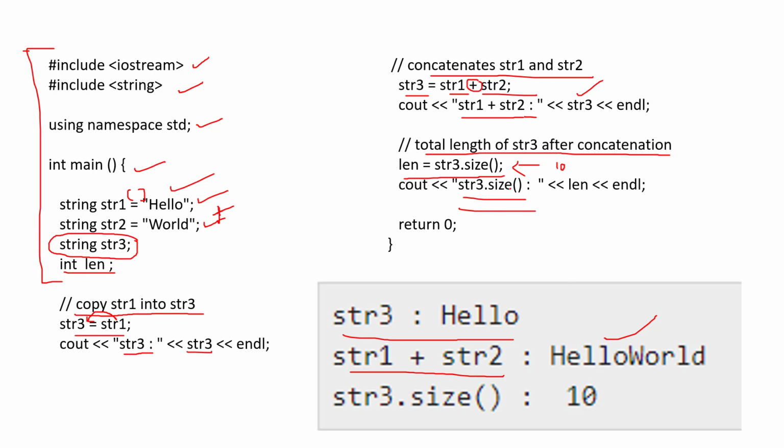So this new function will give you the length of the final string as 10. So this problem just demonstrates some additional options for copying, concatenation, and for finding the total length of the string.